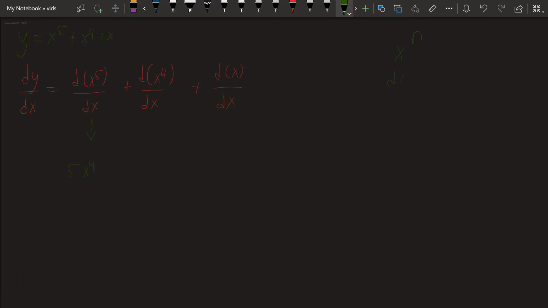The derivative of x to the power of n is equal to n x to the n minus 1. This is going to be equal to 4x to the power of 3. And here it's x to the power of 1, so we say x to the power of 1 minus 1, which is x to the power of 0, which is the same thing as 1, right? And this is the derivative.